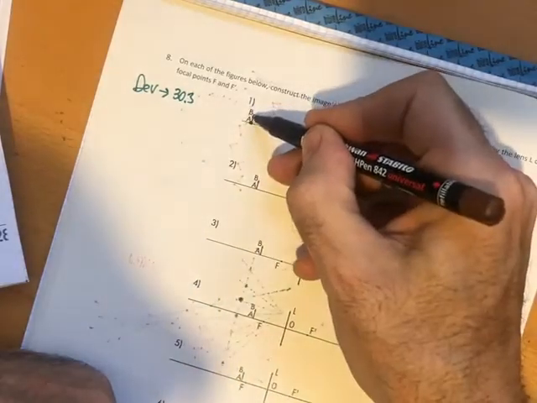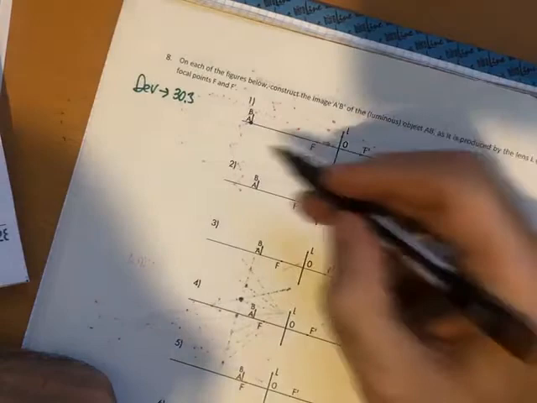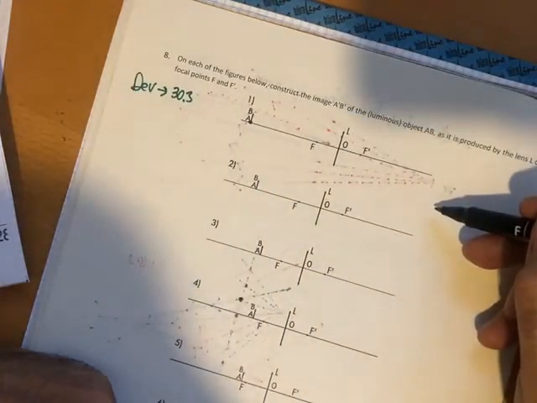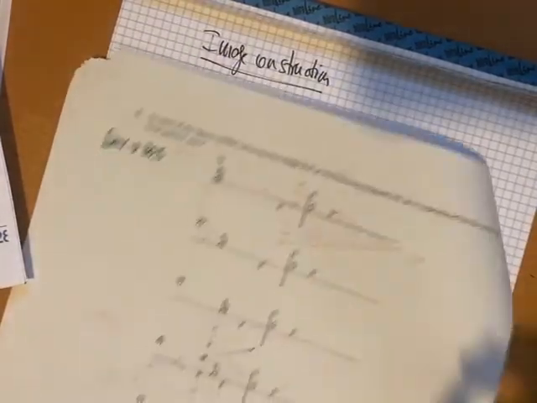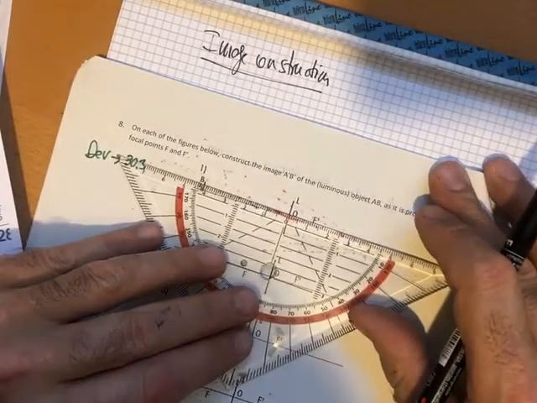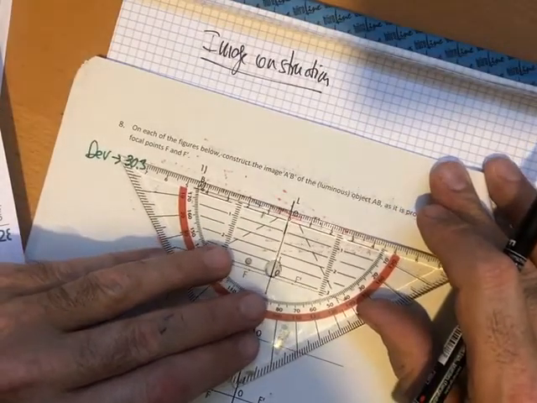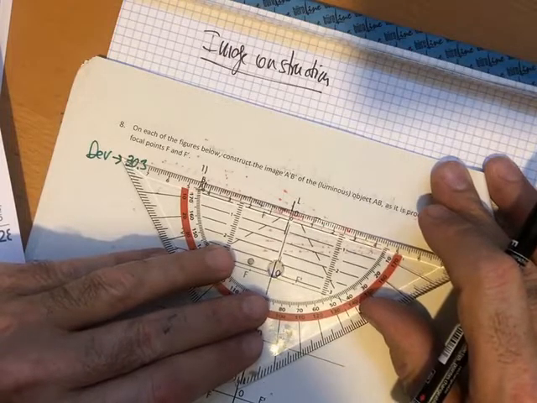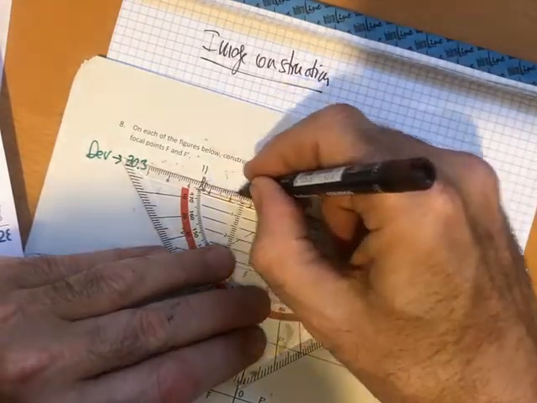And if an object is vertical, the image is also going to be vertical. So actually I can do this one with you now. For this one, what would you do? Well, you would construct just the image of point B, because the image of point A is going to be just below it.